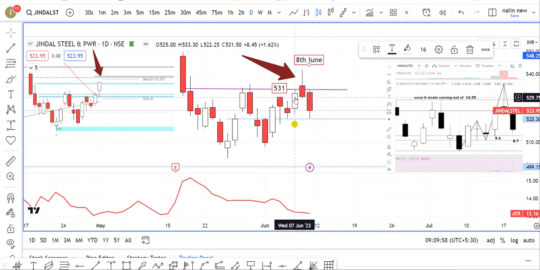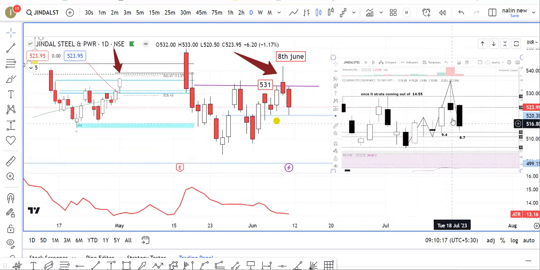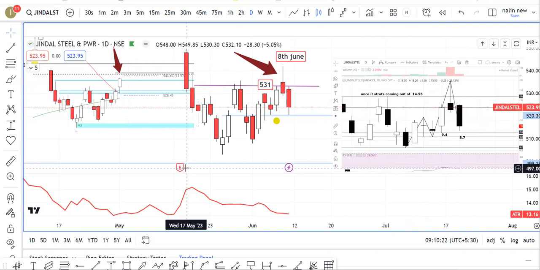The previous day close was 531.5, so that is a bearish close. You cannot do all this analysis in the live market. Usually people enter the trade at a very high price on the option premium.